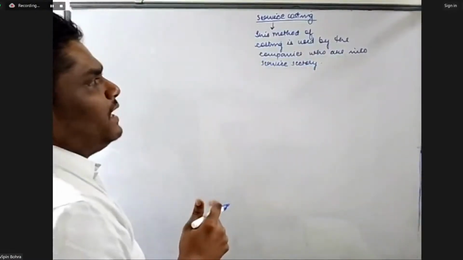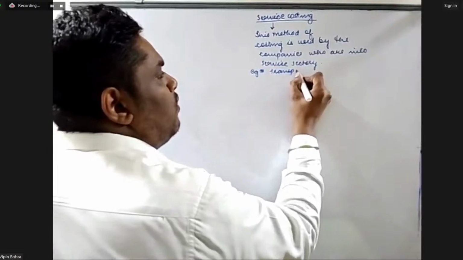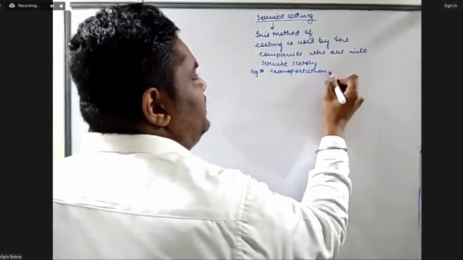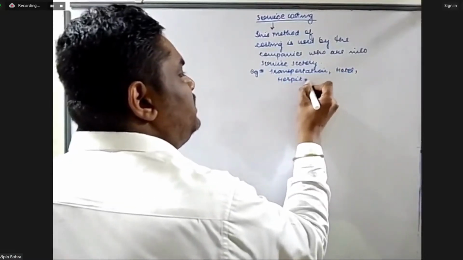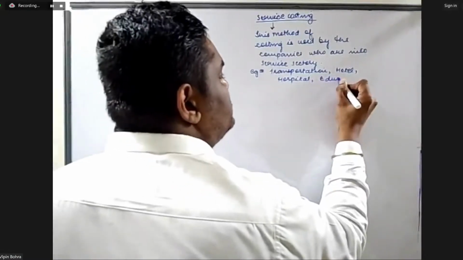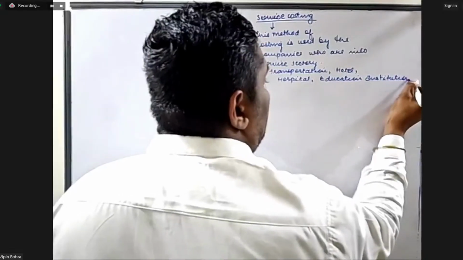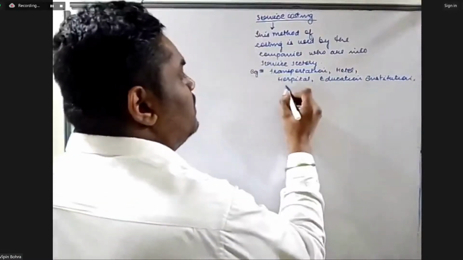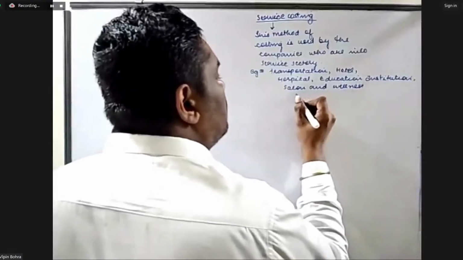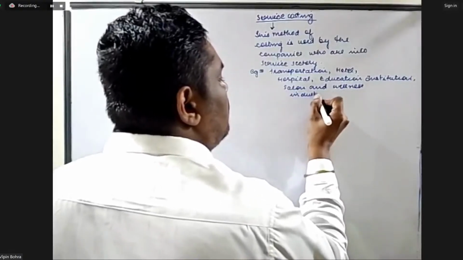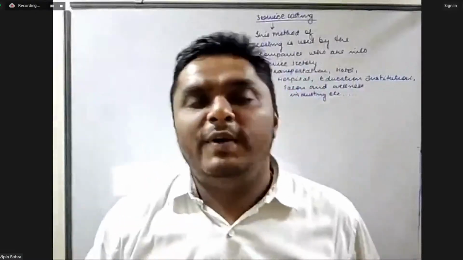So this method of costing is used by the companies who are into the service sector. For example, we can say the transportation industry, hotel industry, hospital industry, all the education institutions, salon and wellness industry, etc. So service costing is used to calculate the cost per unit of service.